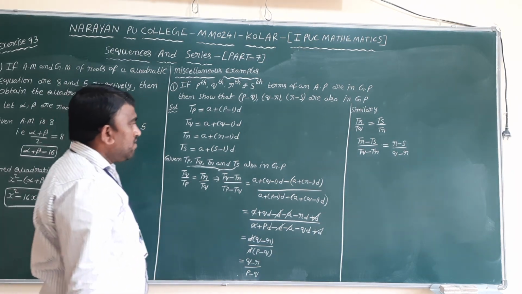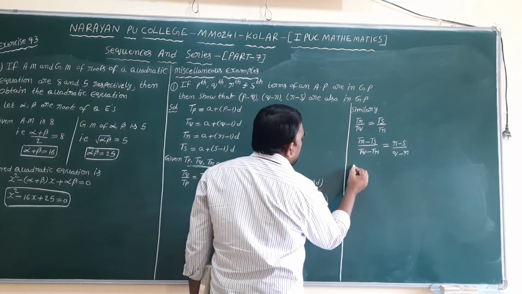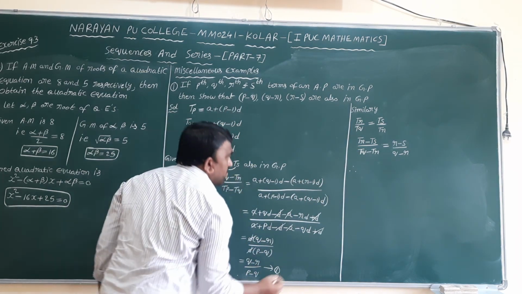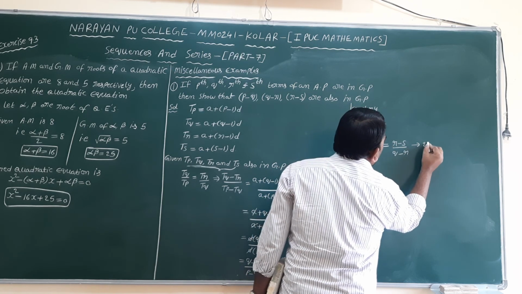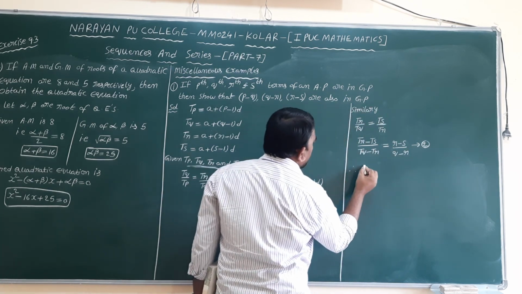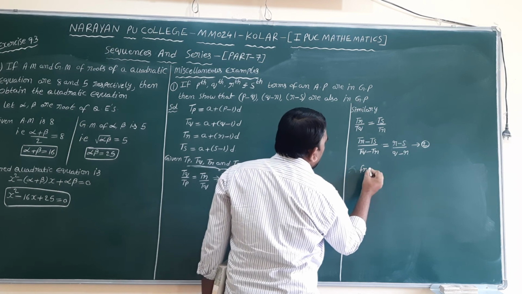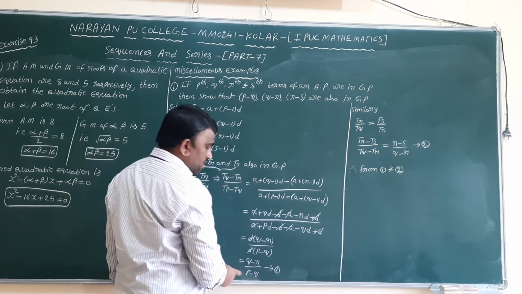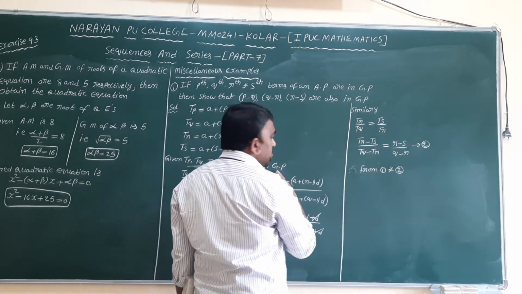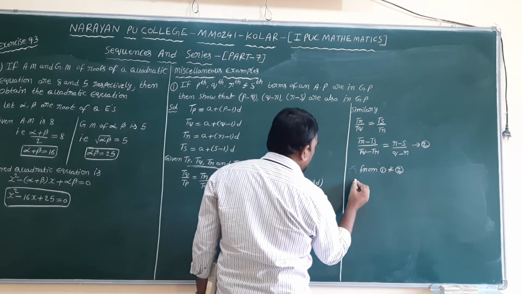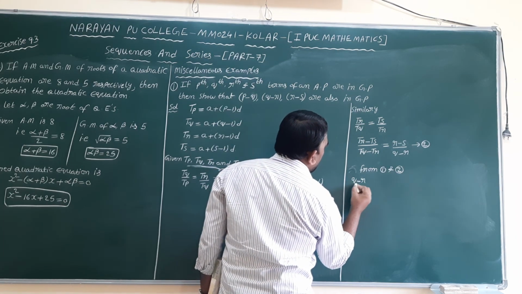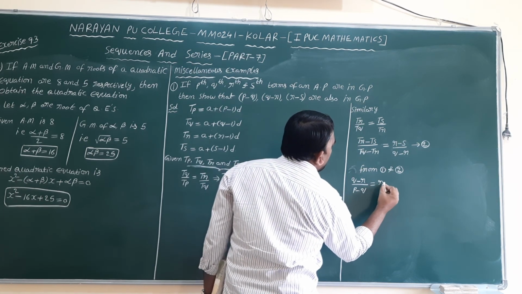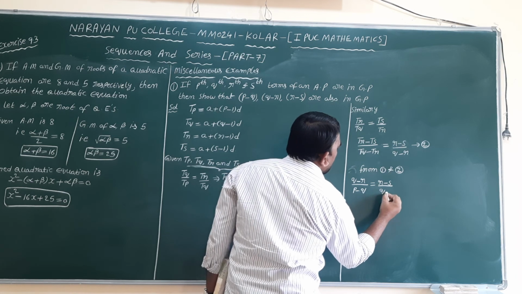Now therefore this ratio and equation 2, take it from 1 and 2. So this is also a ratio, this is also a ratio. Because of GP, ratios are equal. From 1 and 2, q minus r divided by p minus q is equal to r minus s divided by q minus r.